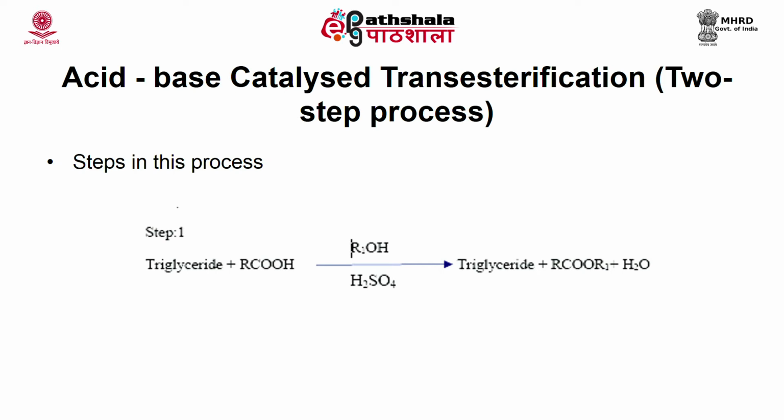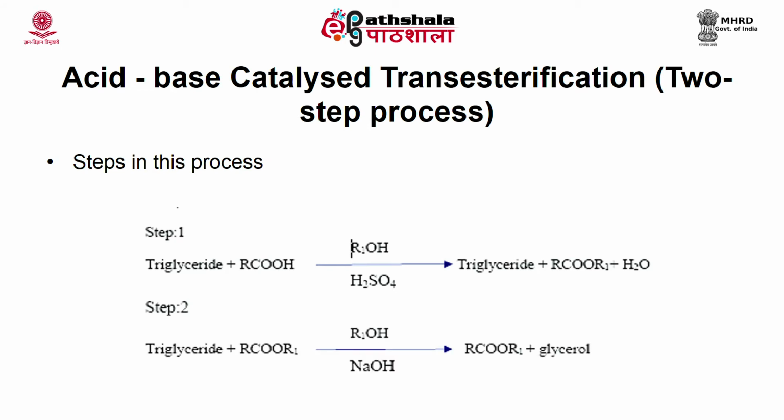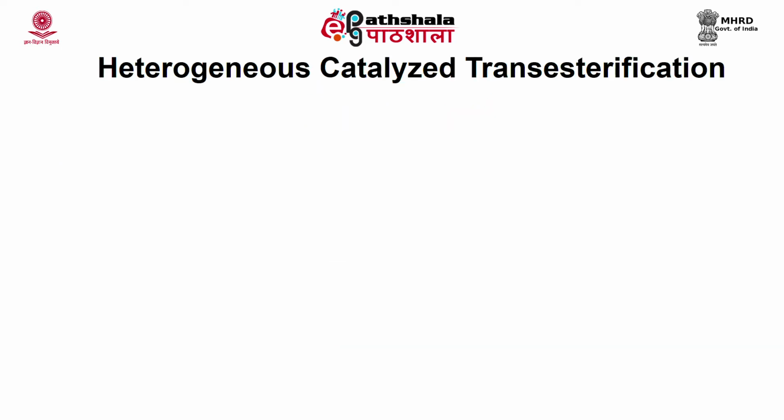So, in the first step the product is triglyceride plus RCOOR1 plus water, while in the second step this RCOOR1 reacts with the triglyceride in presence of alkali to form the monoalkyl ester. So, with both of these, the efficiency of biodiesel production is improved, and full utilization of FFA is possible. The next type is heterogeneous catalyzed transesterification.